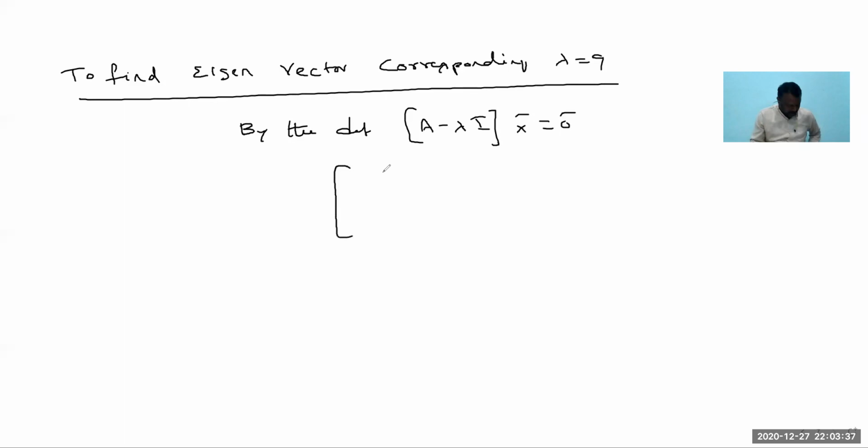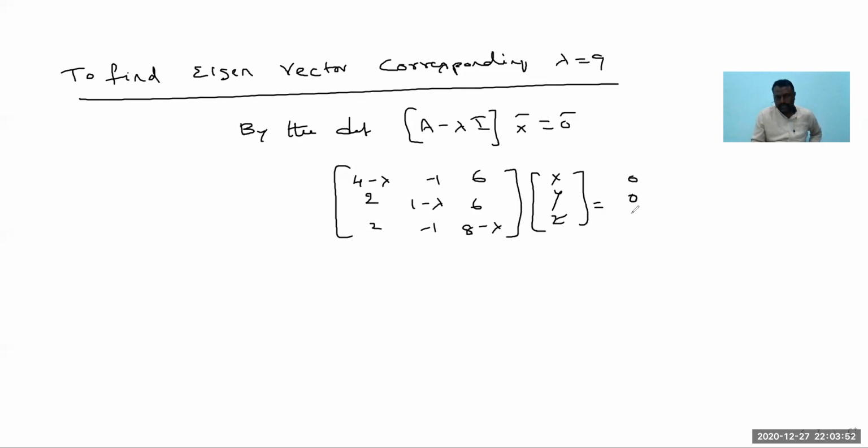You can write the matrix [4 minus lambda, minus 1, 6; 2, 1 minus lambda, 6; 2, minus 1, 8 minus lambda] times [x, y, z] equal to [0, 0, 0].